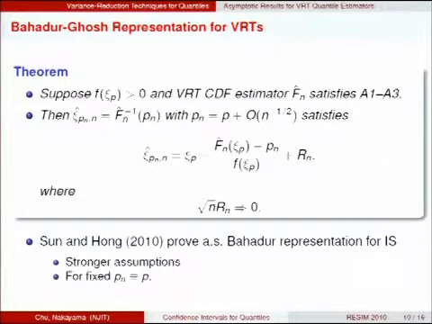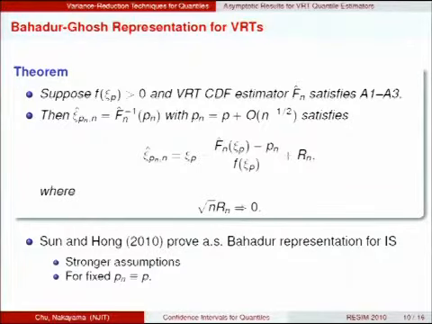And now what we get is this Bahadur-Ghosh type of representation. Rather than the strong representation that Bahadur established, we're working with the weaker type of result that Ghosh established. So over here, the square root of n times this remainder term converges weakly to 0.